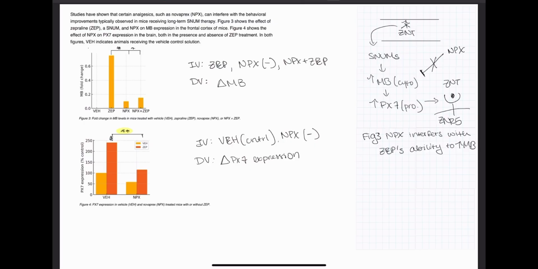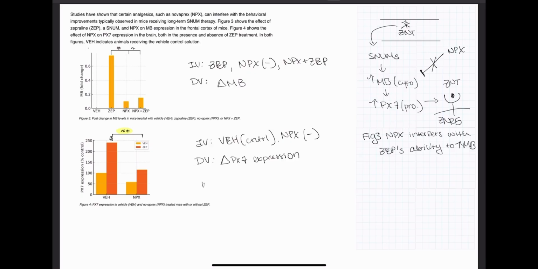So in NPX, there is no significant difference between the vehicle and the ZEP administration, but between the vehicle and the NPX treatment, there is a significant difference when ZEP is administered. So this reaffirms that NPX is lowering PX7 expression by targeting the same pathway that ZEP is also targeting.